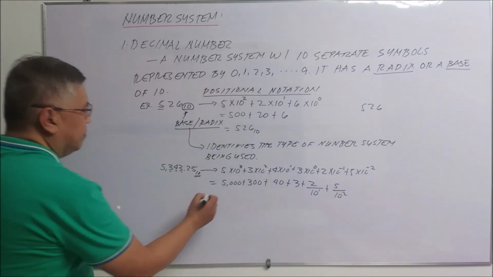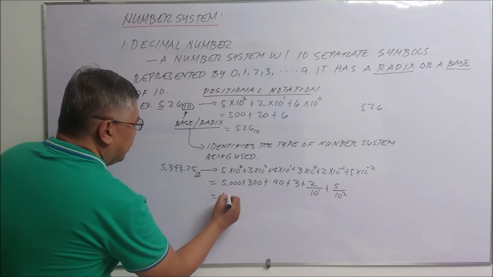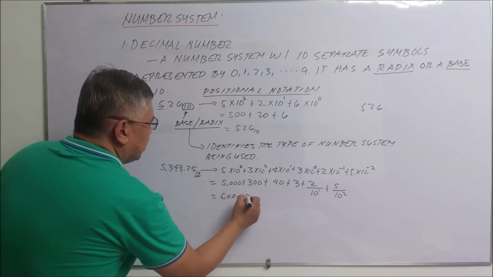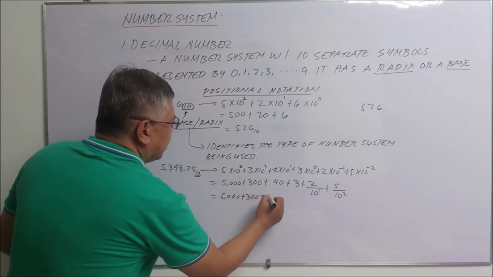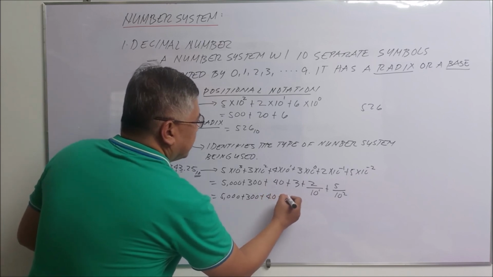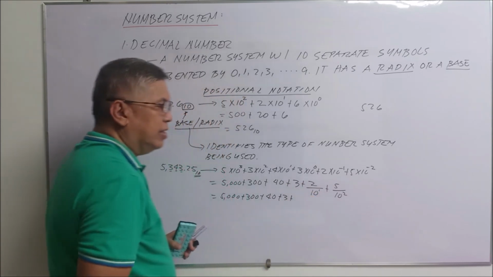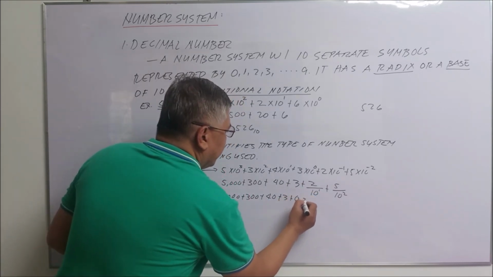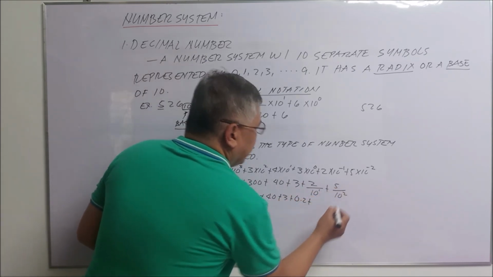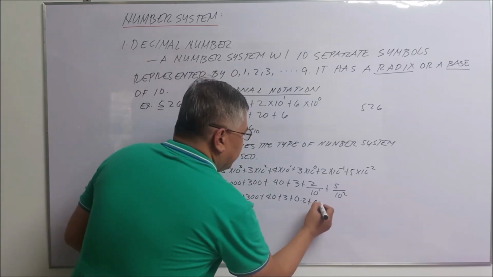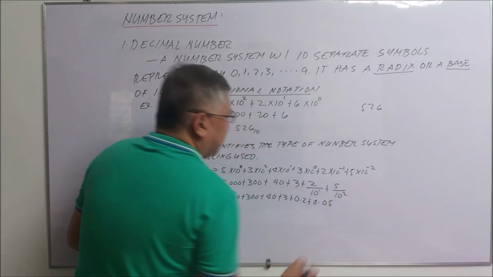Okay, which is what? You have 5,000 plus 300 plus 40 plus 3 plus what is 2 over 10? That is 0.2, plus 5 over 100, that is 0.05.